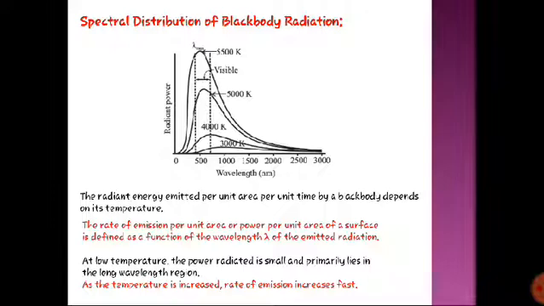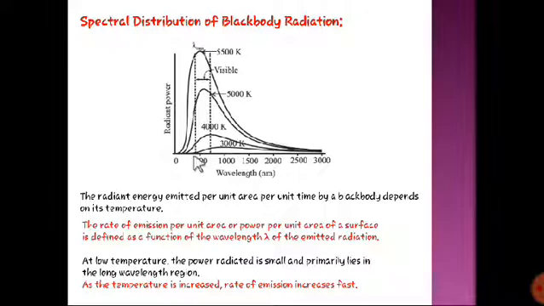So this 3000K, 4000K, 5000K and 5500K is nothing but a black body at different temperatures. A black body having a temperature of 3000 Kelvin will radiate a number of waves to the surrounding, and it has a number of wavelengths.